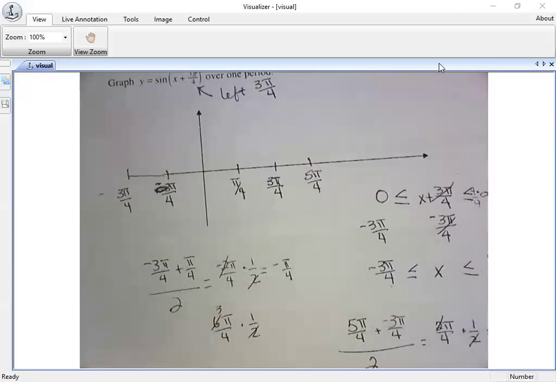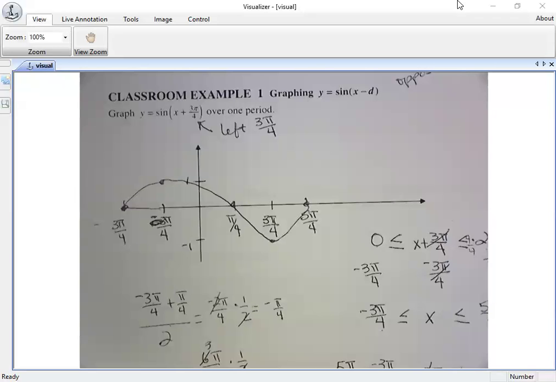Okay, and you said there's no change in amplitude. There was no shift in or change in the period. We only had the shift that was horizontal. So I want somebody to come graph this. Okay, so that's how we got it graphed.